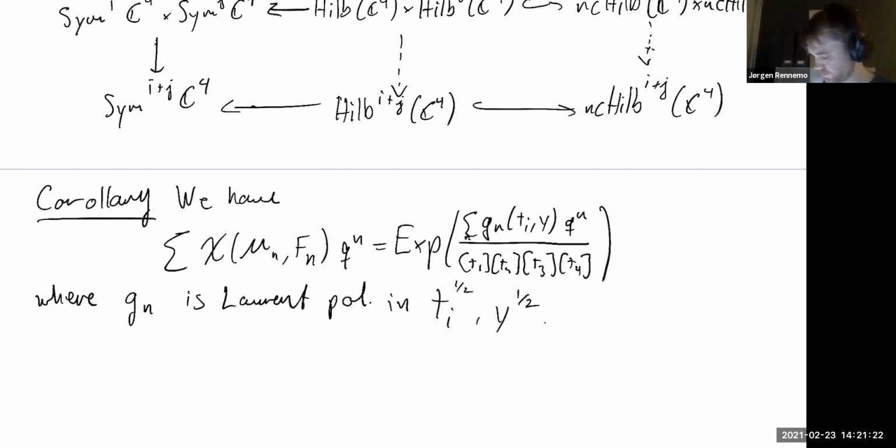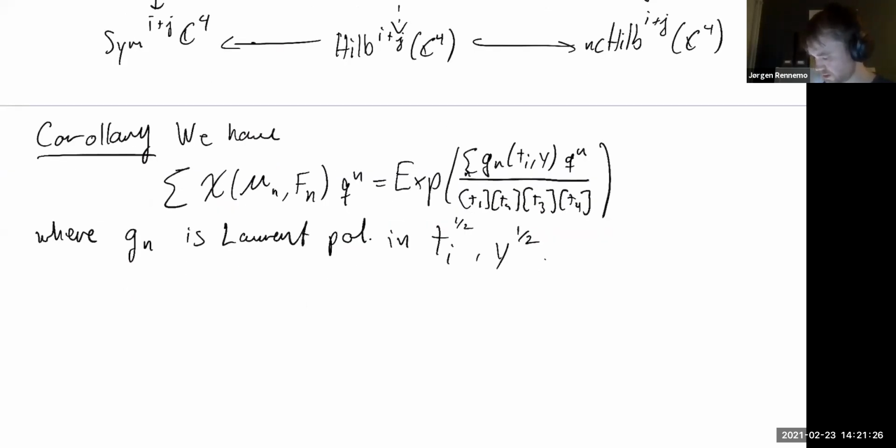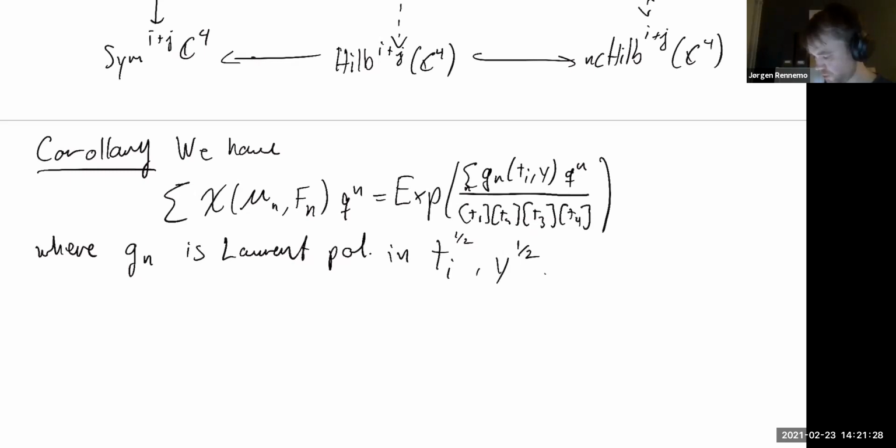Right. So from before we basically knew nothing about this. Now I just want to say this is an extremely strong constraint on this generating function that we care about.